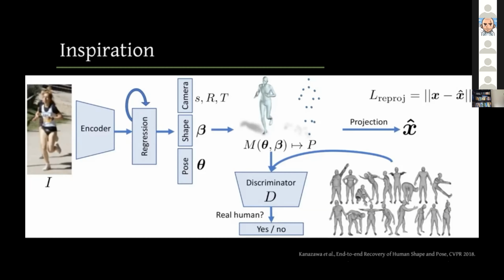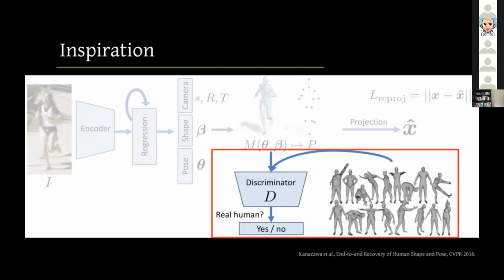To address all these problems, we take inspiration from HMR, which uses an adversarial training approach. However, we want to be able to train a temporal model. Then the question is how to obtain realistic motion sequences in sufficient quality for adversarial training.